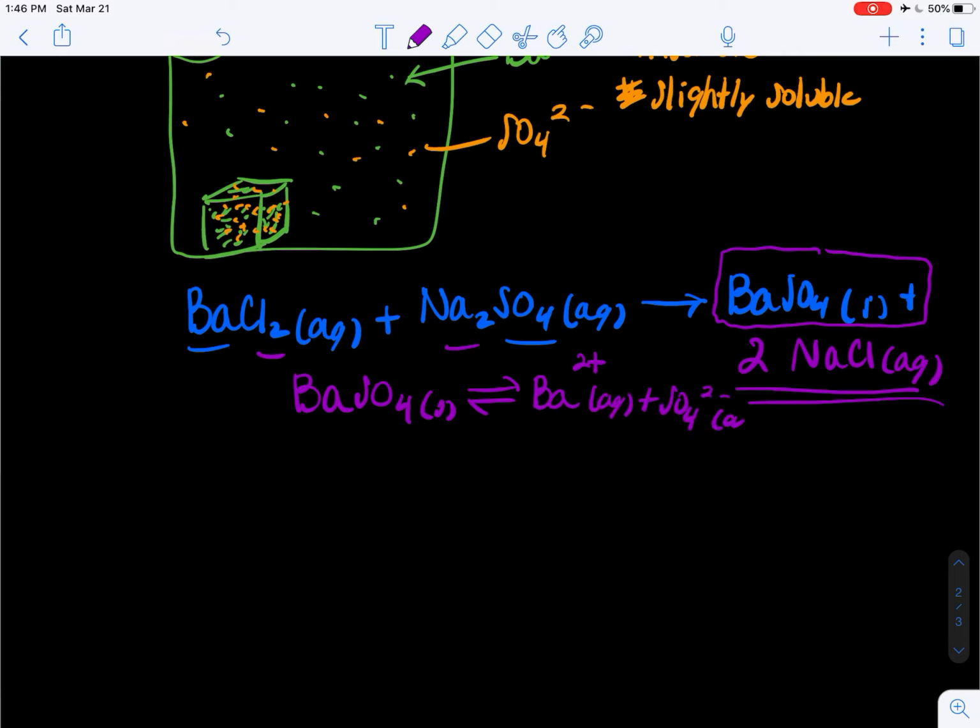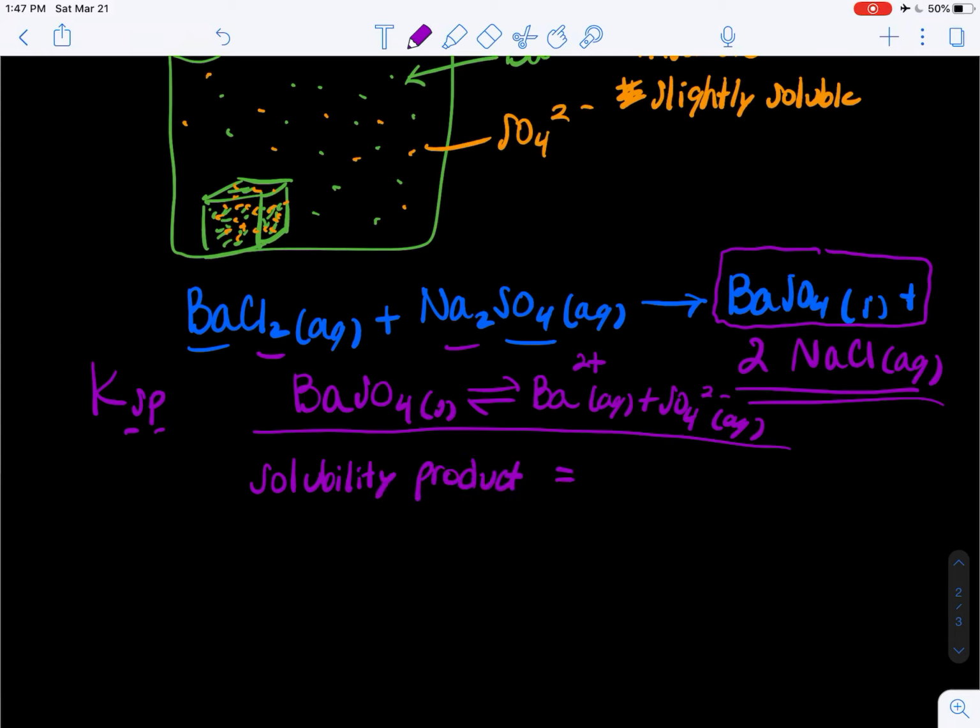Okay? And again, we call this reaction right here the KSP, where SP means solubility product. Okay, so just remember you have the solid on the left and you have the ions on the right.